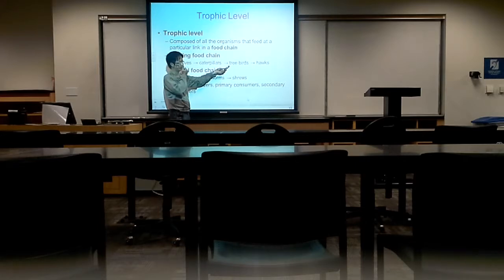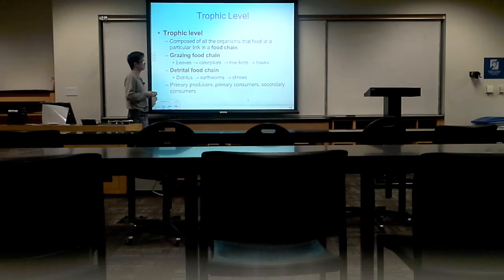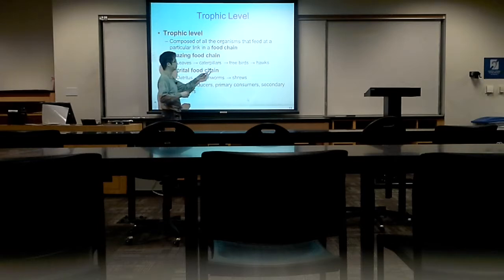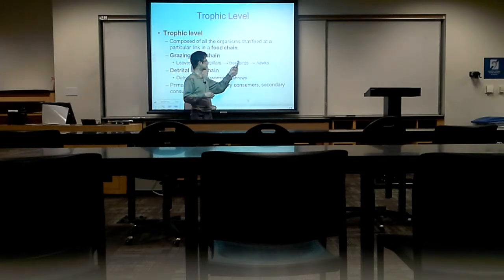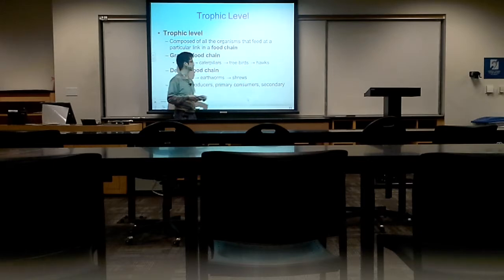Some birds eat fruit, so they are omnivores. Some birds eat caterpillars, and then hawks eat small birds. So this will be omnivore, this will be carnivore, this will be secondary consumer, this will be tertiary consumer.